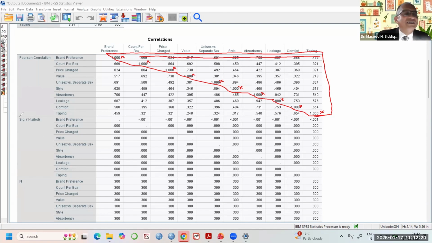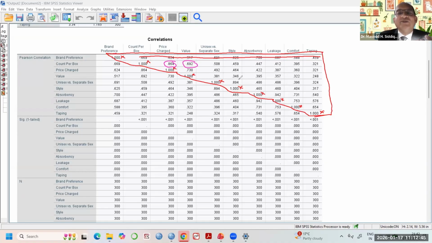Now let us consider the other features like here. This 0.864 is a high value, and it is the correlation coefficient between price charge and count per box. This 0.69, that is 0.7, is the high correlation between count per box and the value, right? So we are getting a number of high values.